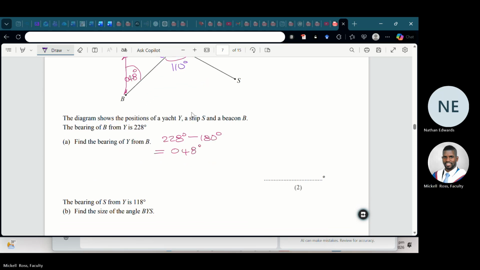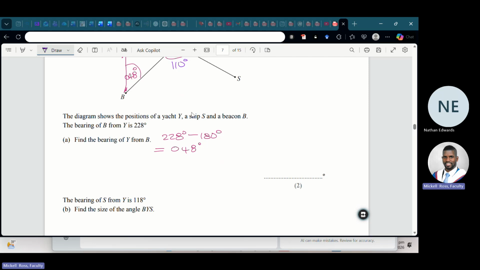All right. So BYS is going to be equal to 360 minus 132 plus 118. So it is going to give us 110 degrees.